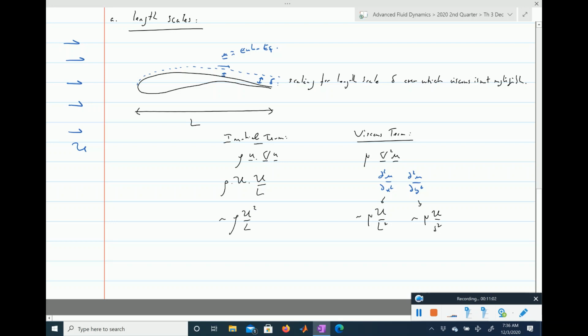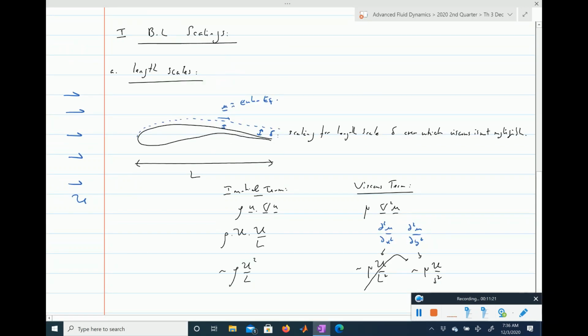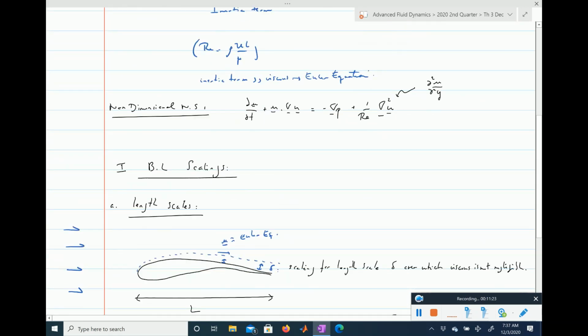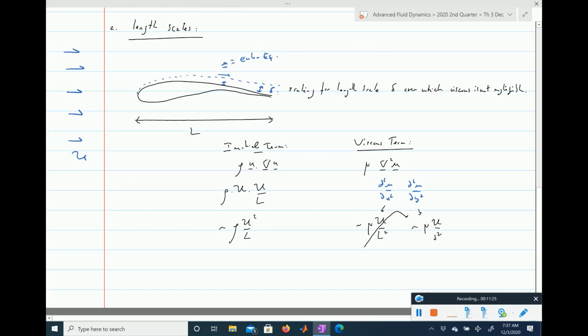If delta is very small, then this term is really large. And if L is much larger, then u divided by L squared is much smaller than the other one. So one of these two terms is negligible, and this is the second partial of u with respect to x. We can neglect this compared to the other term.